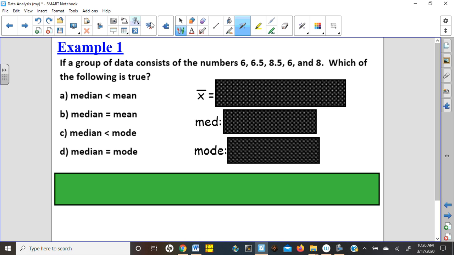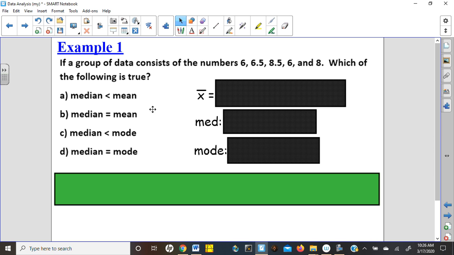Let's take a look at an example here. If a group of data consists of 6, 6.5, 8.5, 6, and 8, which of the following is true? And it just wants to know if we have some equality or inequalities of these values.